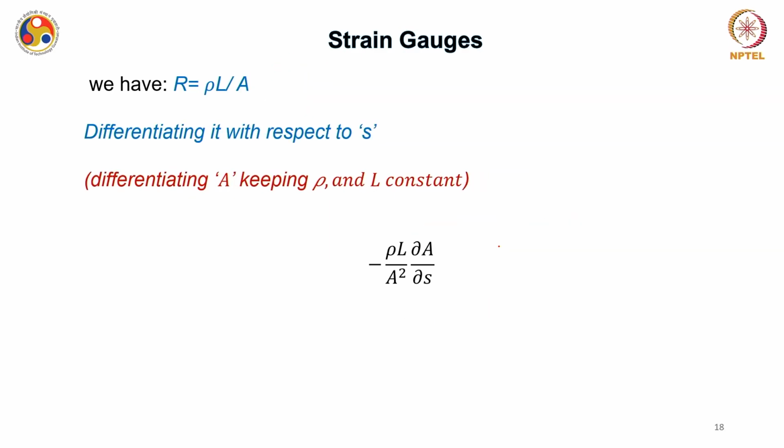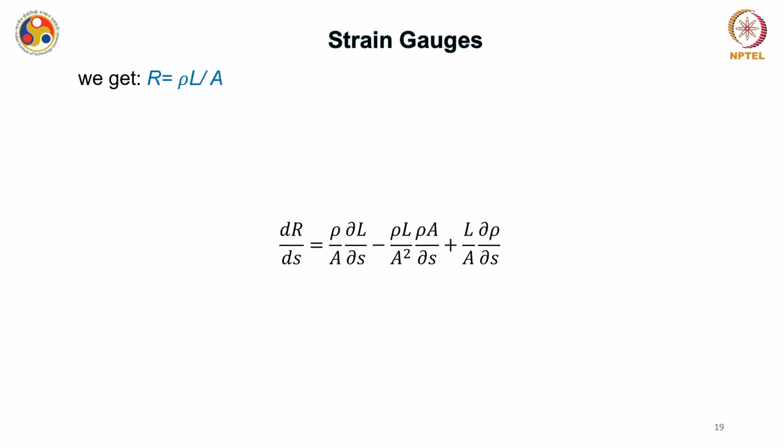Now the last is differentiating the area, keeping rho and L constant, which gives minus rho L by A square del A by del S. This is your third term. So del R by del S will be equal to all these three terms added together.